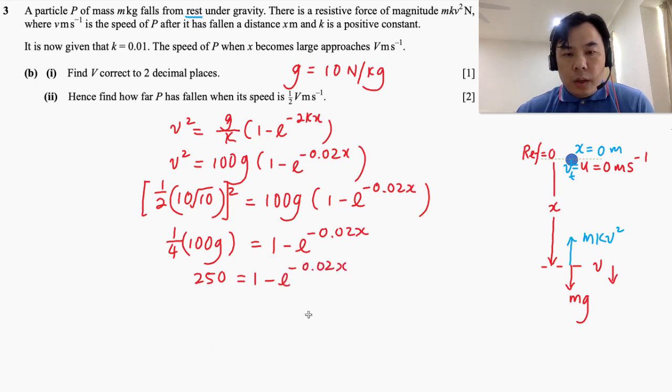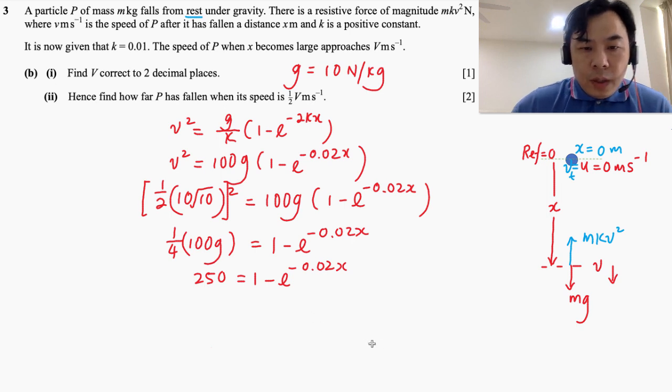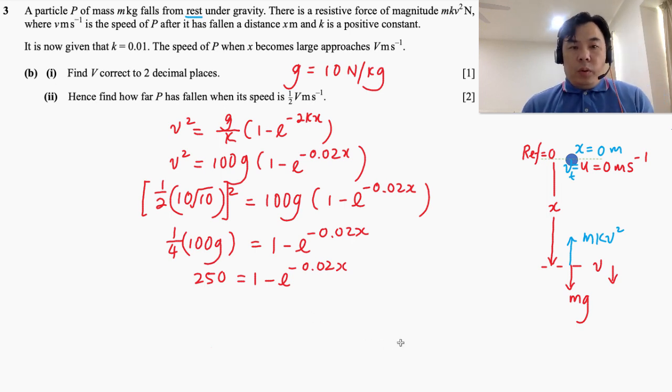Okay, and then from here itself, we will have a problem. Hold on, let me see if I got it. This is half of V, so there will be half of V here, cancelling off with this. 1 minus, did I get it right? There's 1 minus G over K, 100K. This is half of V there.